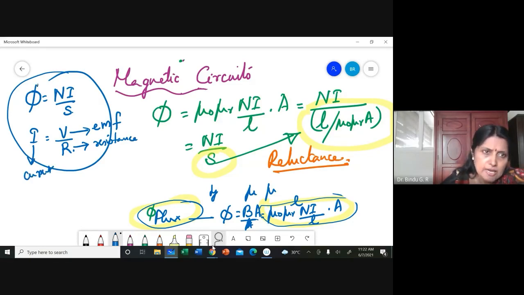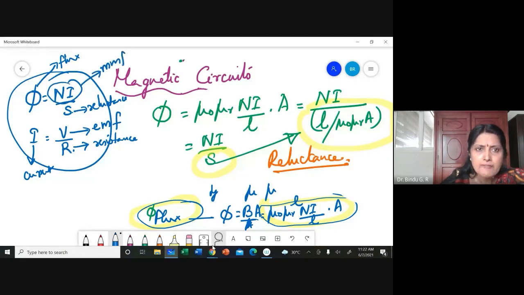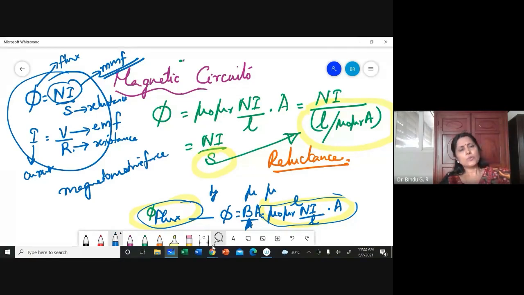In a similar case, flux phi, this is reluctance, and this naturally should be your MMF, magnetomotive force. So whatever resistance is doing in an electrical circuit, a similar kind of thing is happening in the magnetic circuit due to reluctance. Reluctance is actually the opposition to creation of magnetic flux.